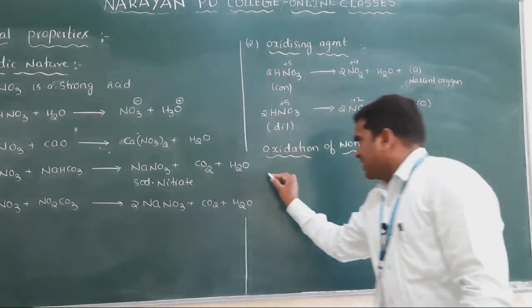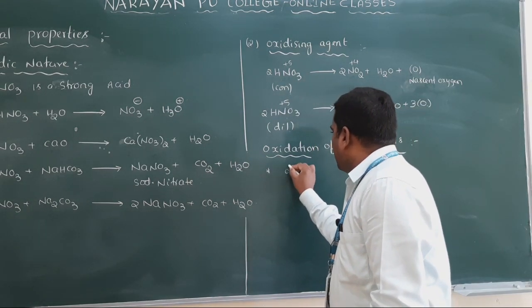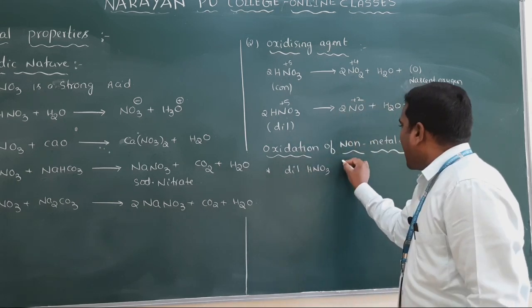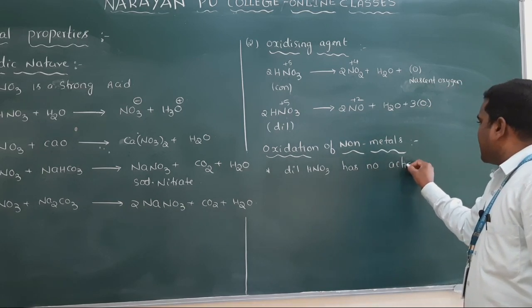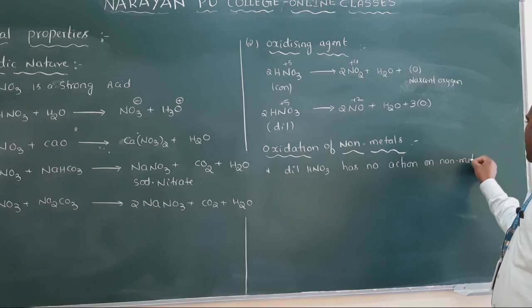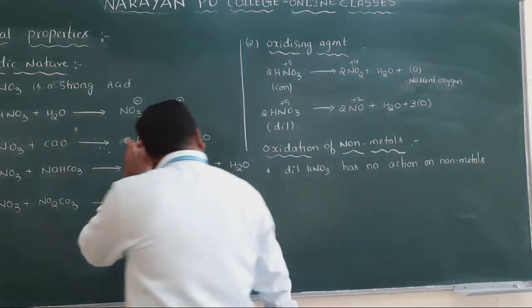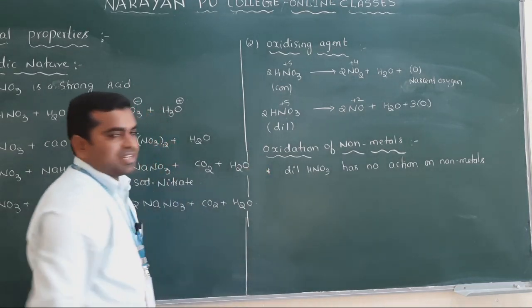So I will write that one point here. Dilute HNO3 has no action on non-metals. No action on which one here? Non-metals. So next one, and concentrated HNO3, it only oxidizes.